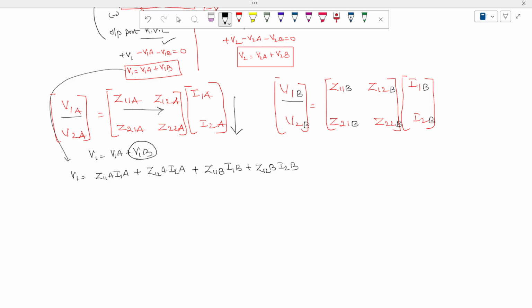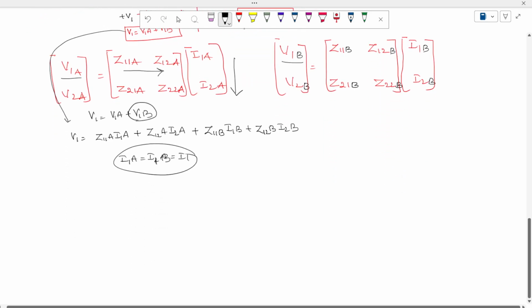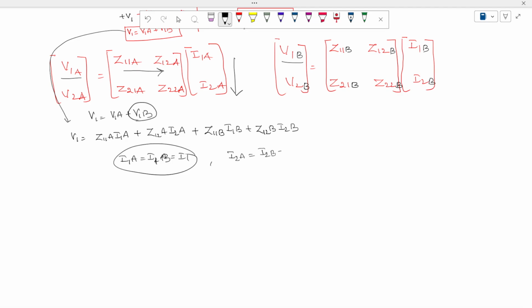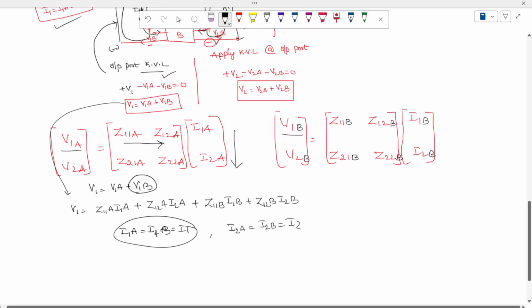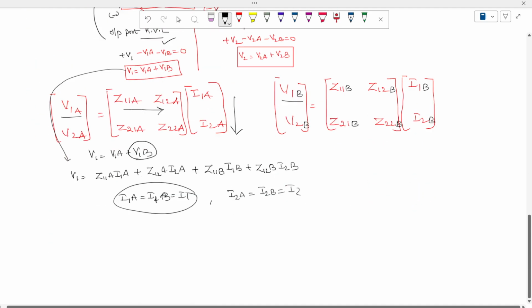And already I know that I1A is equal to I1B is equal to I1 only, and I2A is equal to I2B is equal to I2. Just substitute in this equation.